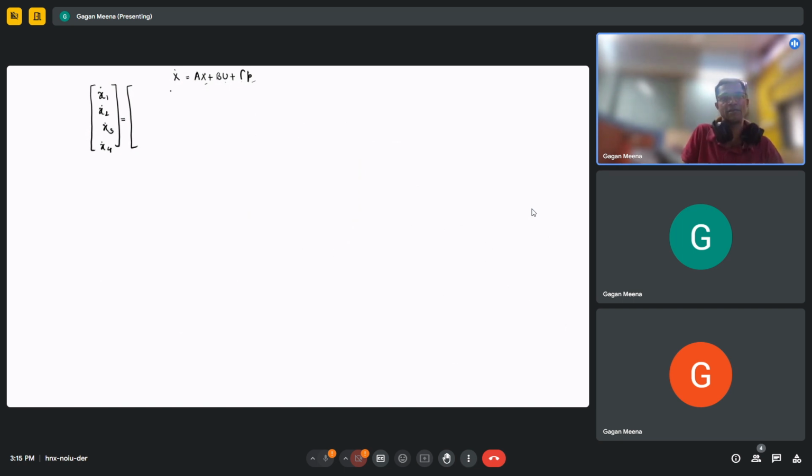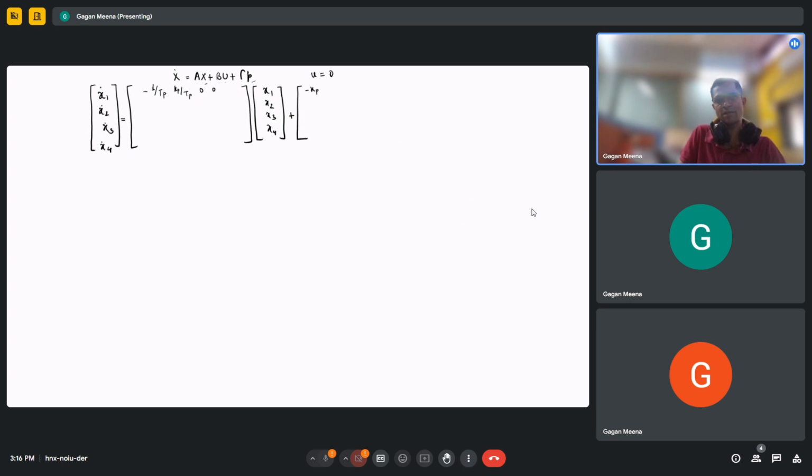So this matrix will come out to be like this: minus 1 by Tp, Kp by Tp, 0, 0. Here we have X1, X2, X3, X4, plus, so here no, it is uncontrolled mode, so U is 0.